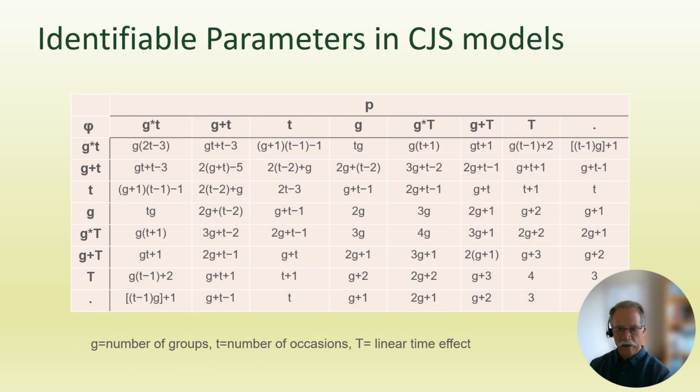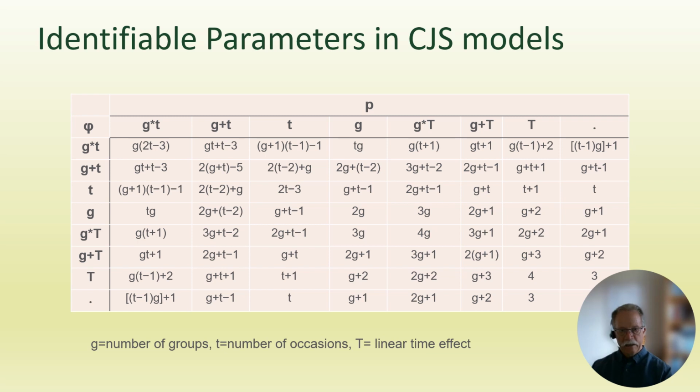So here's a nice table that just provides all of the analytic approaches to estimating the number of parameters in the Cormack-Jolly-Sieber model for a lot of the models that we'll be covering. So group times time, group plus time, time, group.